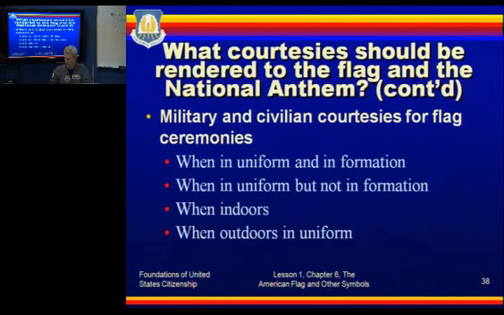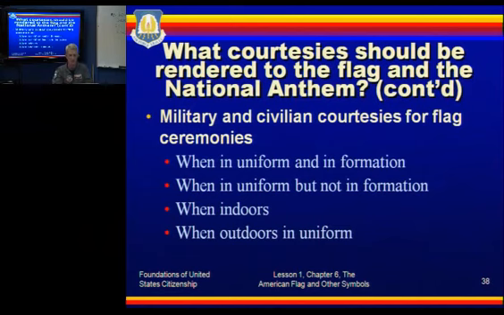Specifically during indoor ceremonies, such as when we have the pep rallies, it says do not salute the flag unless under arms. What does that mean? When you have the rifles? Yes, exactly. Because you're actually saluting the flag technically when you have the arms, when you have the rifles.